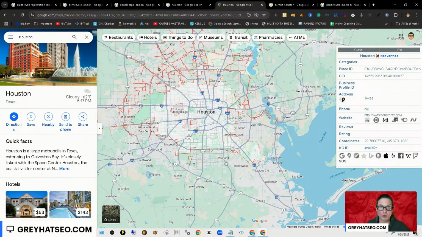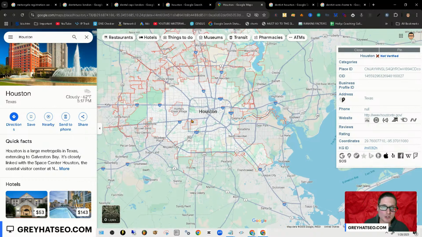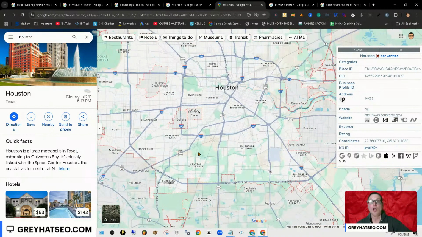So what you want to do is first establish the primary cities. Once you get your primary city in your service, the next thing you want to do is get your counties, then your towns, and then your neighborhoods. All of the counties, all of the towns, and all of the neighborhood names.